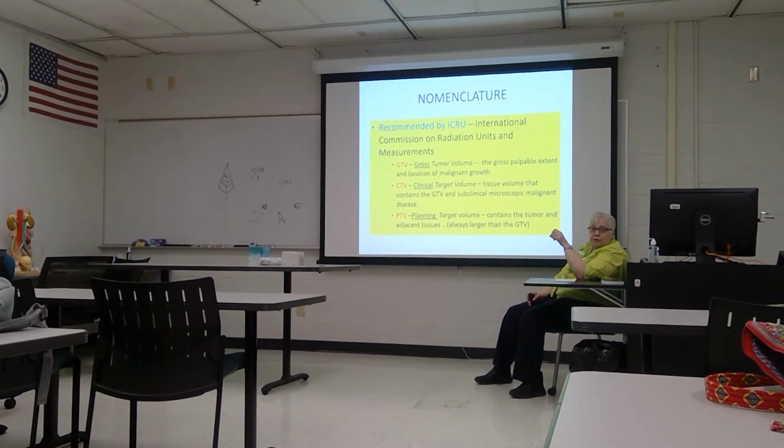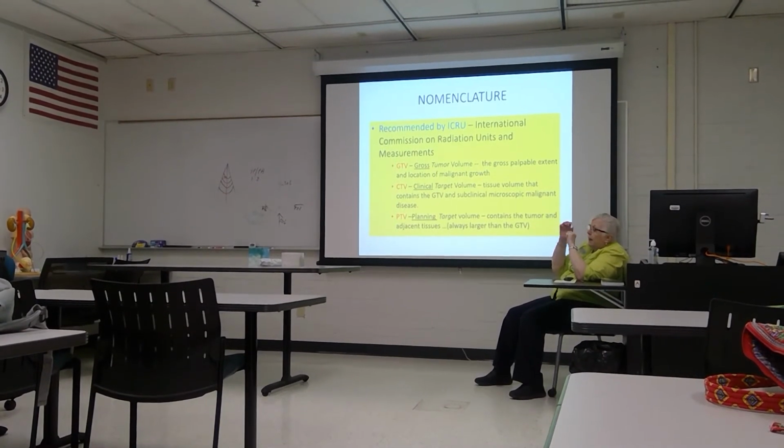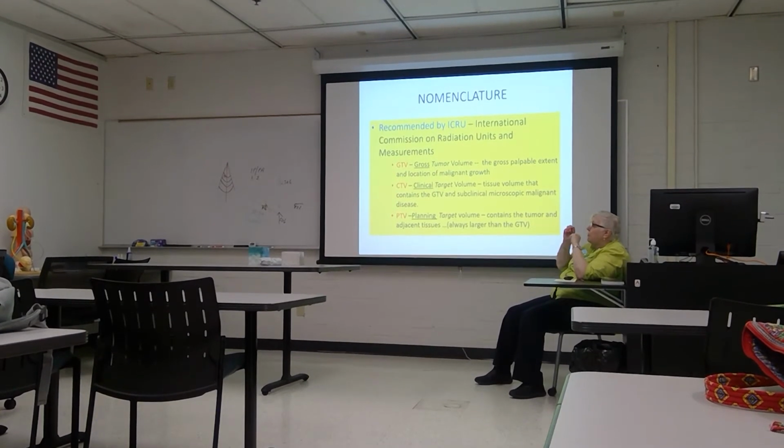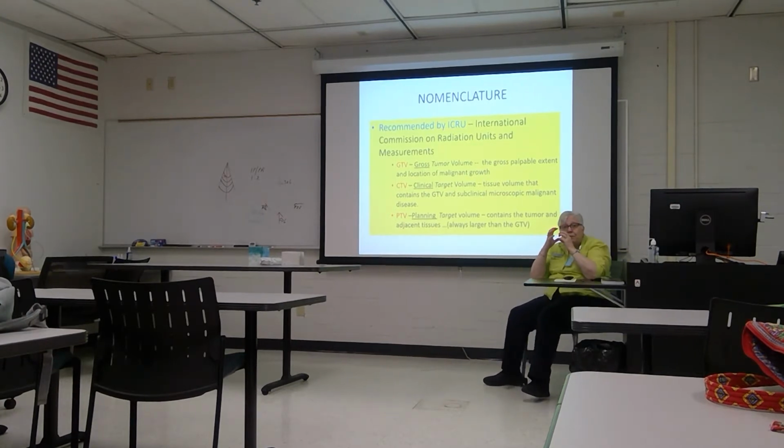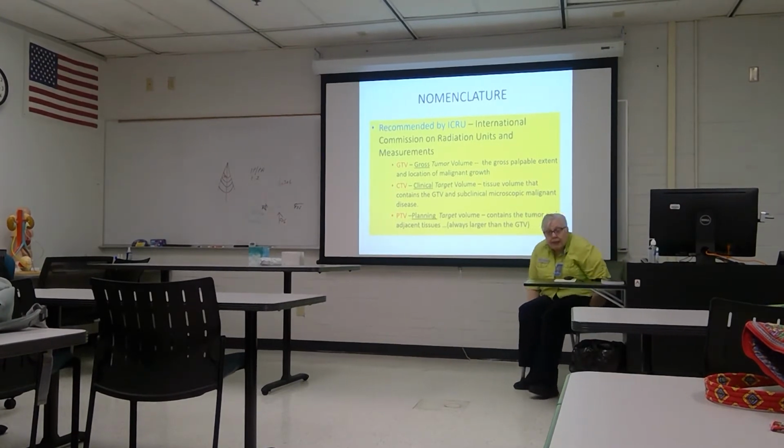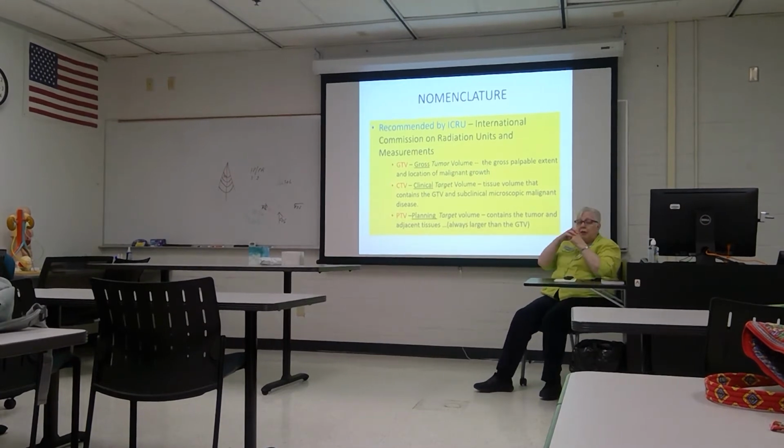So in other words, it's the GTV plus anything that the doc thinks might be malignant. Any microscopic area. Anything that he thinks needs to be treated. And that's the CTV, which is bigger than the GTV.